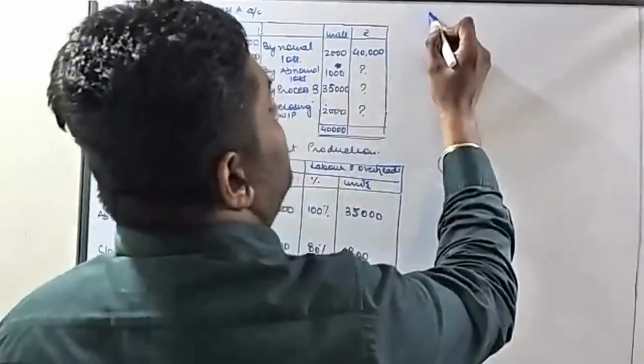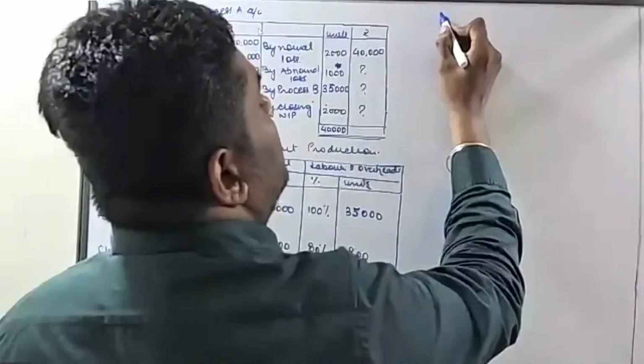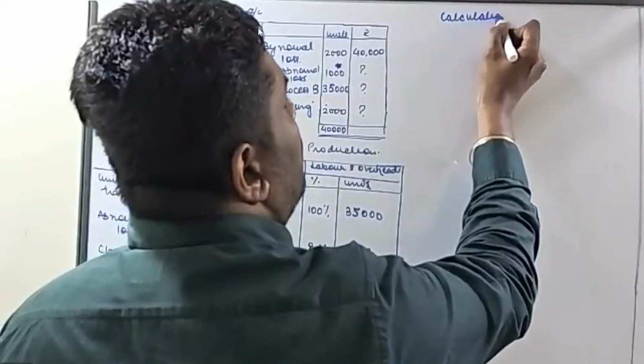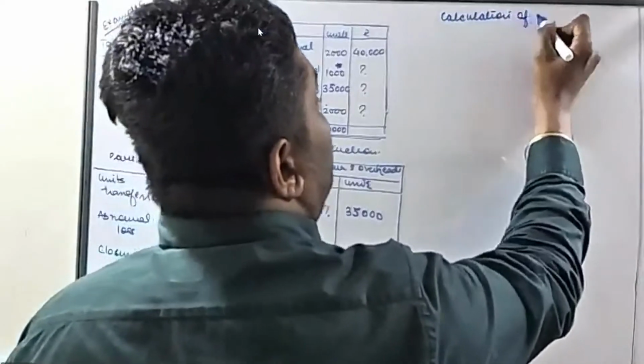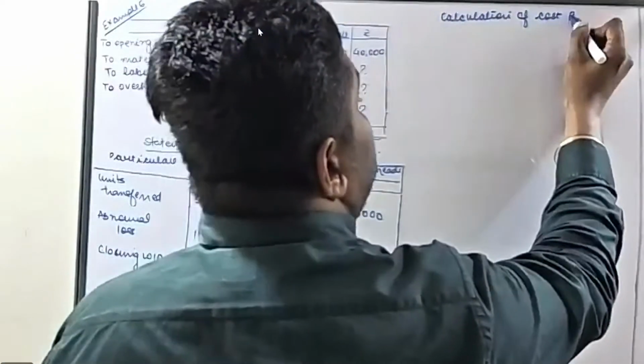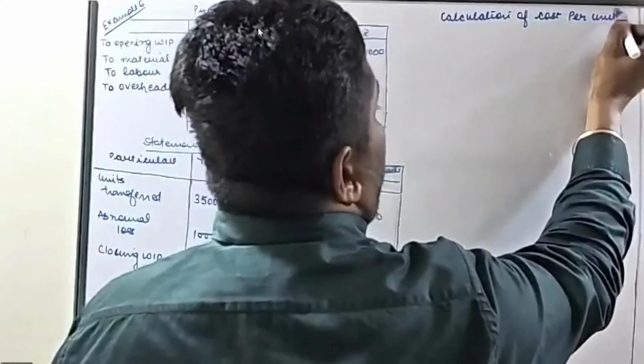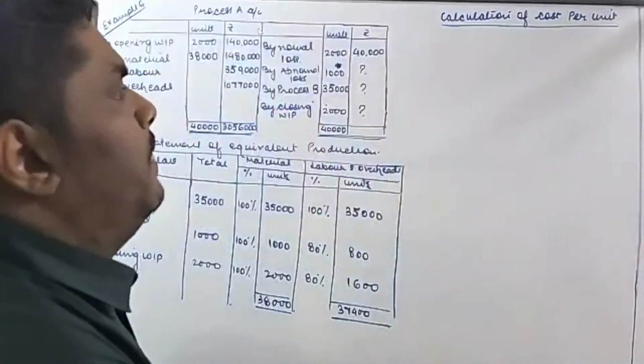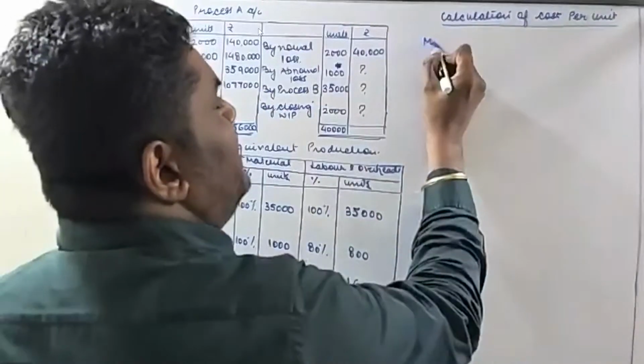Now next is calculation of cost per unit. So let's start with the material cost.